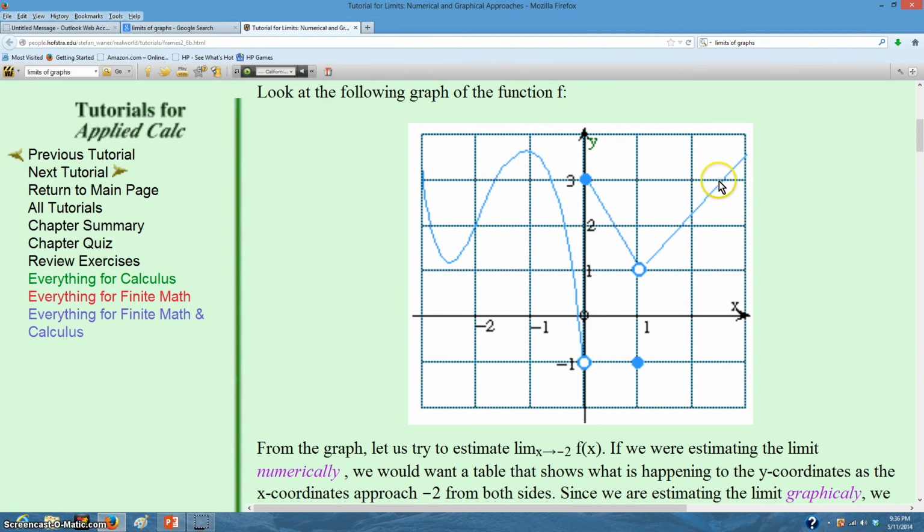If we approach from the right, it's this part right here, so we continue, and my y value is 3. -1 and 3 are not the same value, therefore my overall limit of this function as x approaches 0 does not exist.